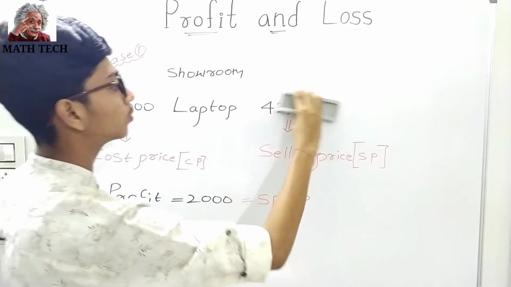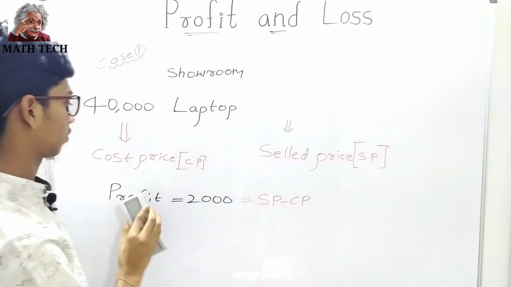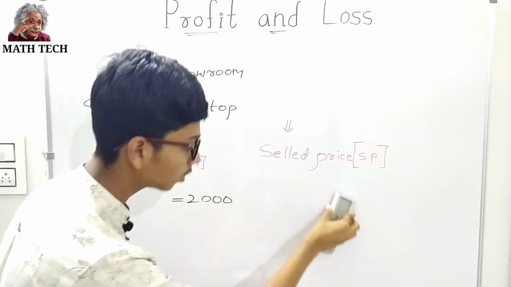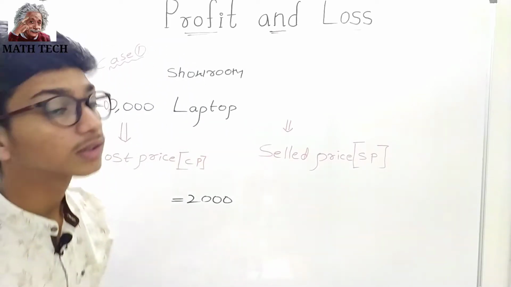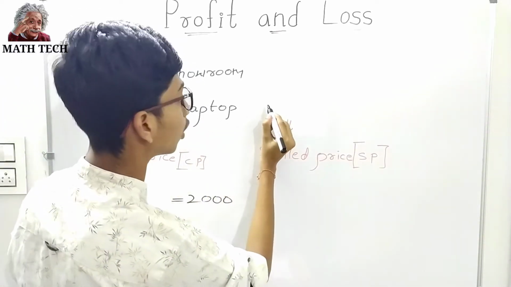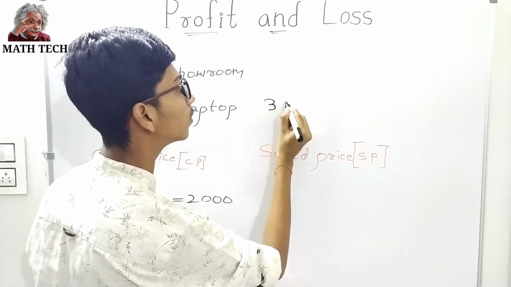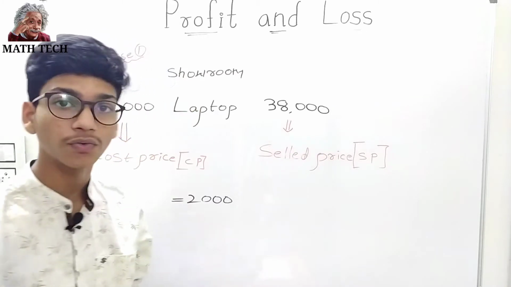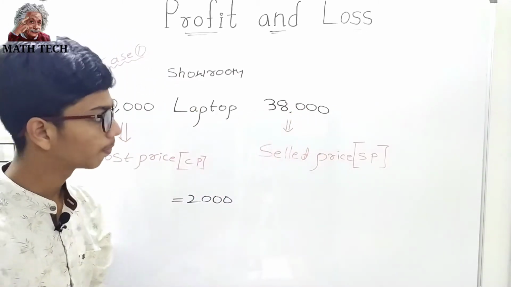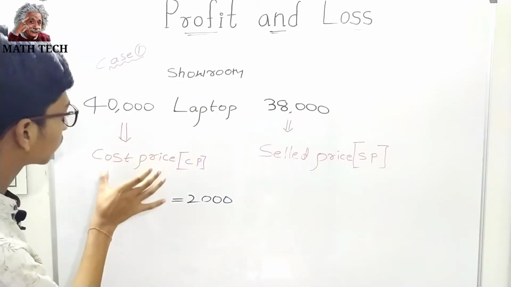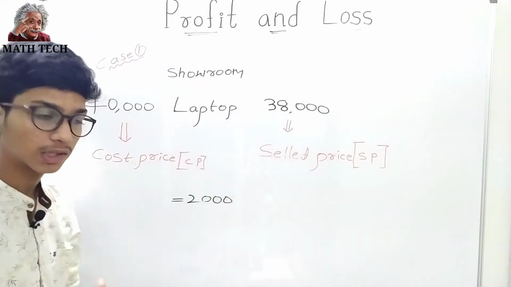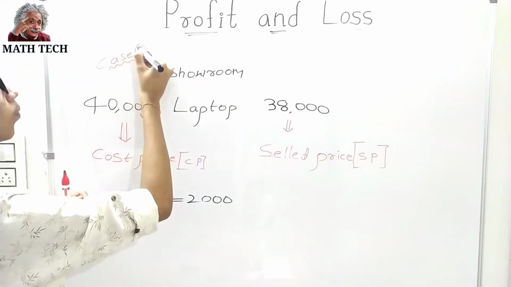Now let's assume that you are very kind and have sold it for 38,000. So here cost price is 40,000 and sold price is 38,000.